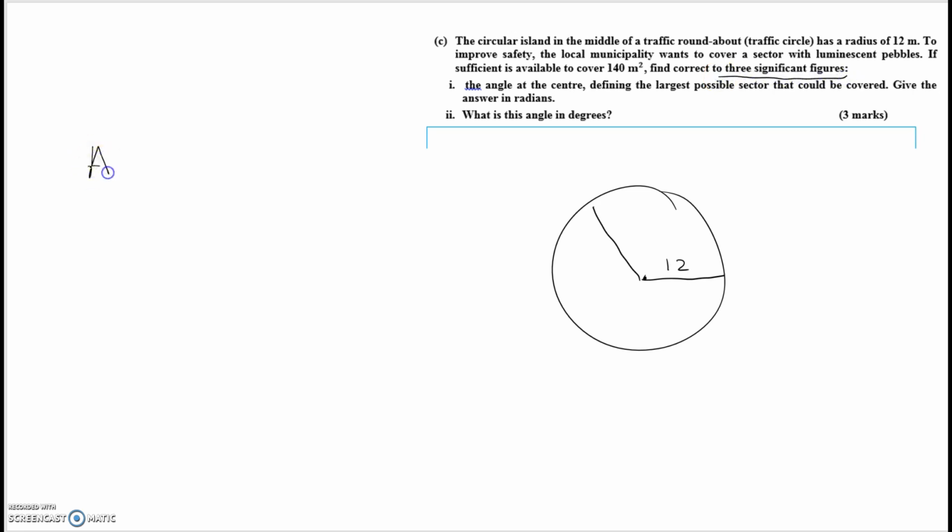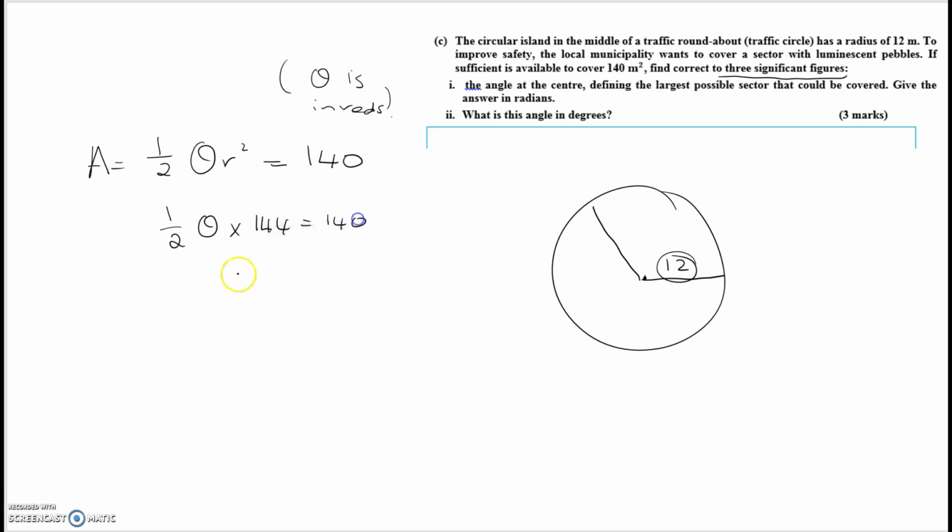So the area from your formula sheet is half theta r squared, where theta is in radians, it says that, and we need that to be equal to, what does it say in the question? Needs to be equal to 140. So we're told that r is 12, so half times theta times 12 squared, which is 144, equals 140.